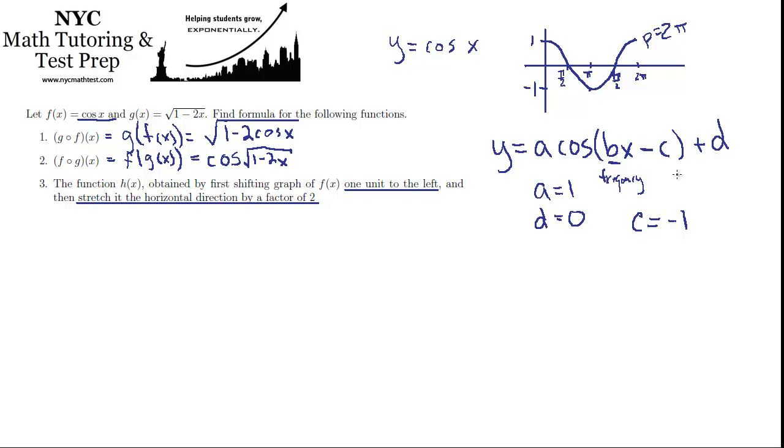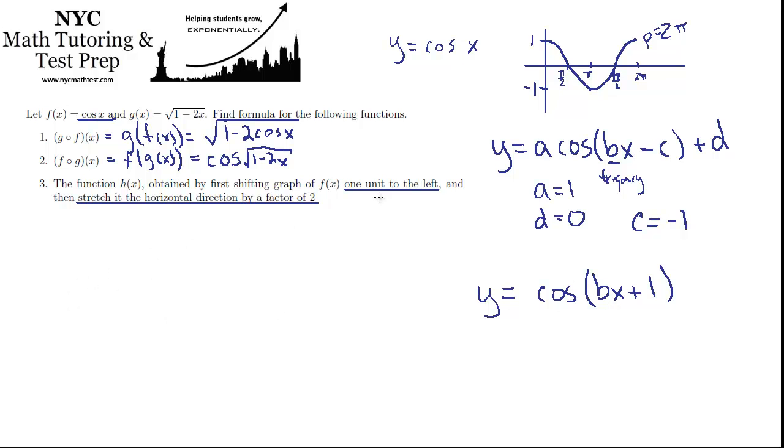A lot of students just memorize that if it's a plus sign, that moves it to the left, which is a little different than the vertical. So in our final form, it's going to be y equals cosine of bx plus 1, which is a shift to the left.